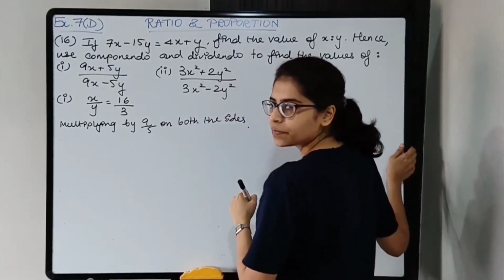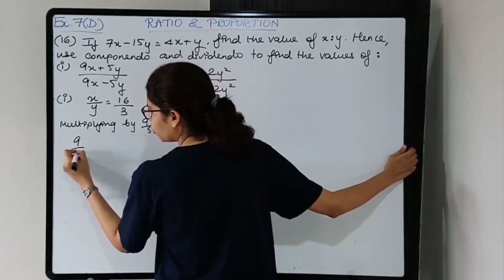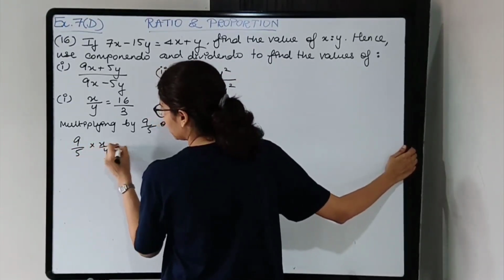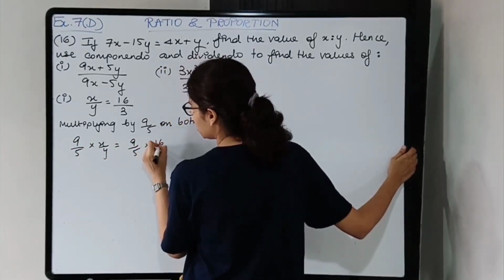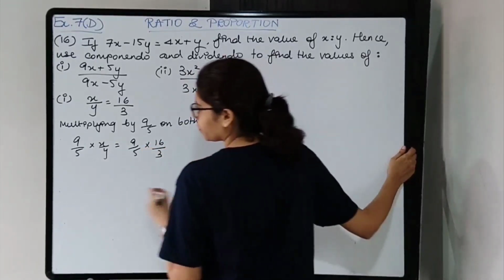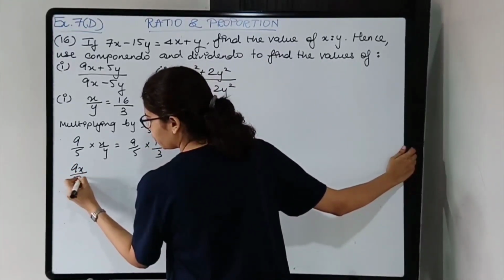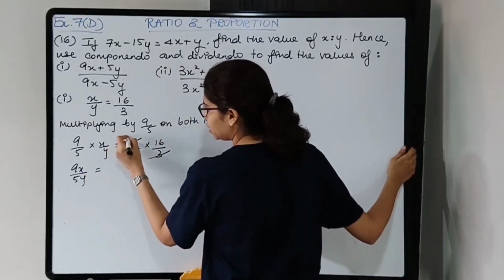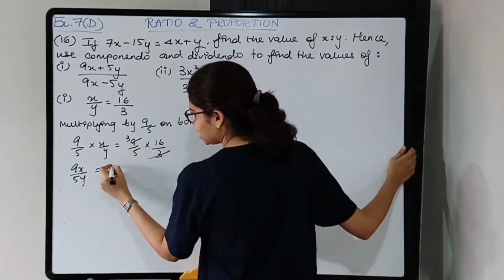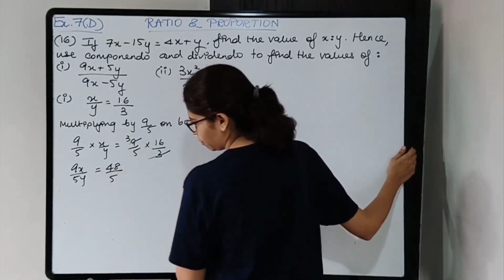So it will be 9/5 into x upon y and 9/5 into 16/3. So it will be 9x upon 5y, and here cancelling 3, 3 3s are, so 3 16s are 48/5.